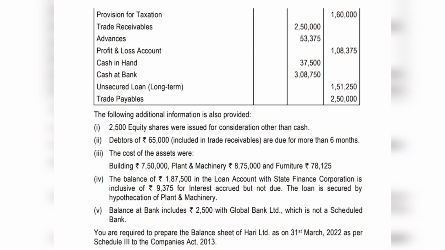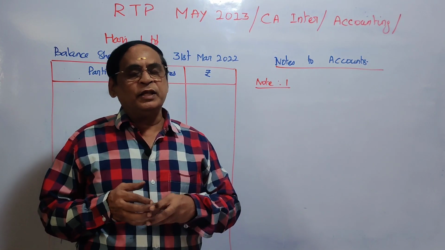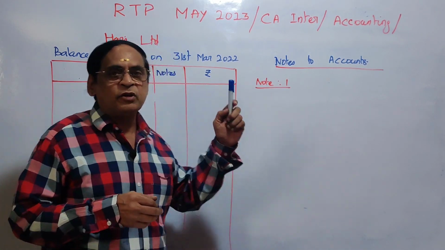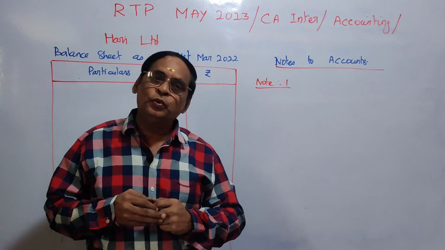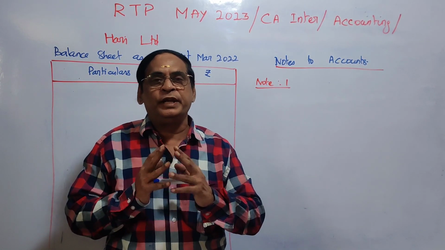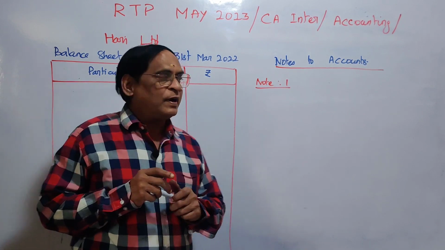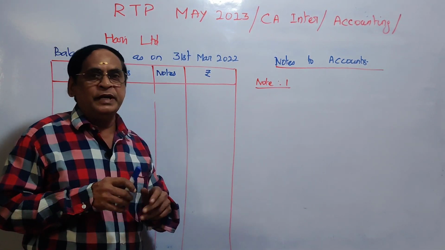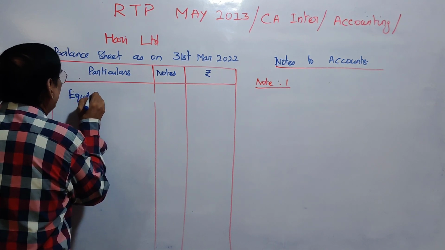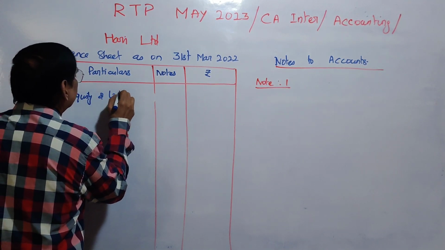Please listen. Now we are solving the problem on the board. In the books of Hari Limited, the balance sheet as on 31st March 2022. So what should be the format as per Schedule 3 of the Companies Act? The first one is equity and liabilities. Equity and liabilities is the main heading.